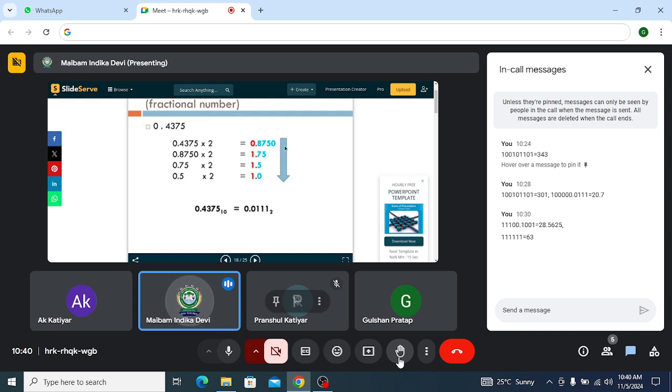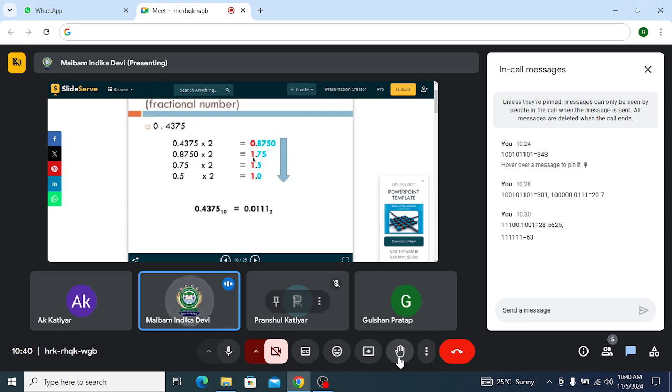Now you get the result. You remove the non-fractional part. The fractional part is 0.8750. So 0 is just for convention, you are just keeping it blank. This 0 is not this 0. So you can simply write 0.8750 into 2, you get 1.75.